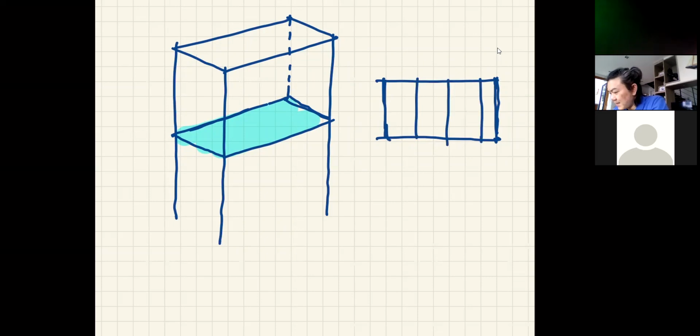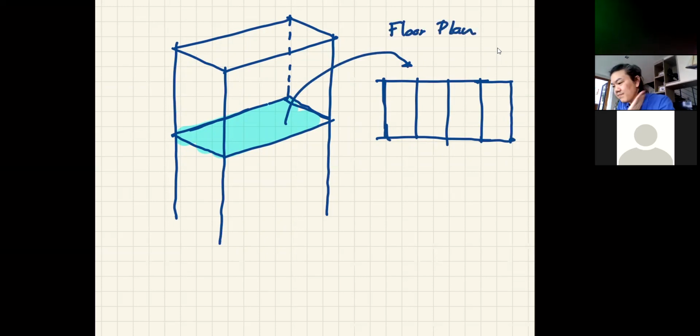Let's make it nicer. Okay. Floor plan. Same color here. And this is the top view, so we call it floor plan. And you may have secondary beams and so on.